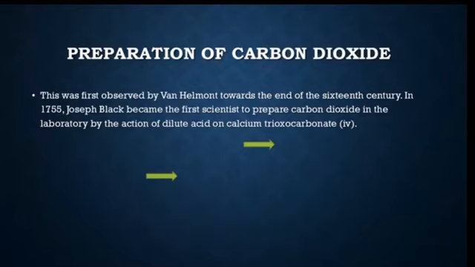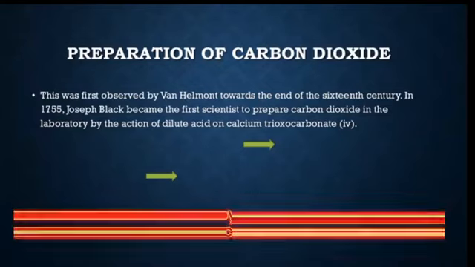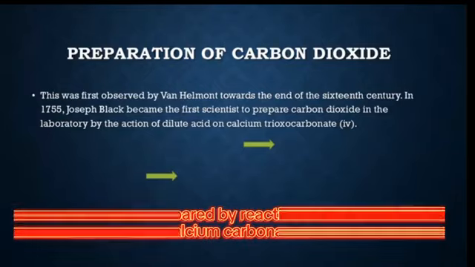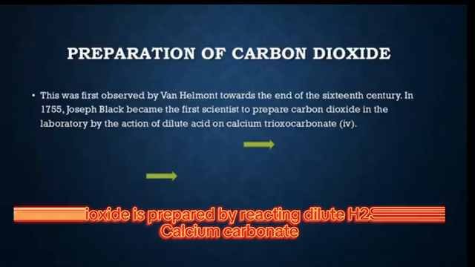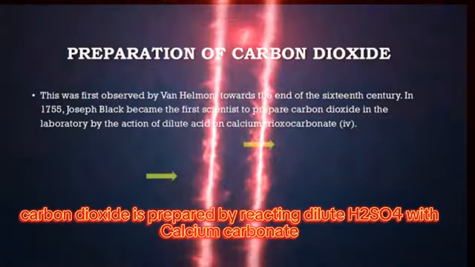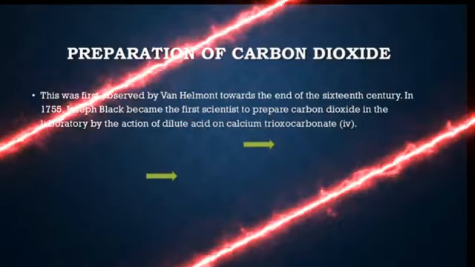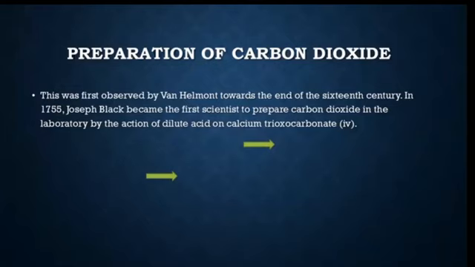So if you recall, in some of the things we've done before in acid, base and salt, one of the properties of acid is that acid reacts with metallic carbonate to liberate CO2, carbon 4 oxide.